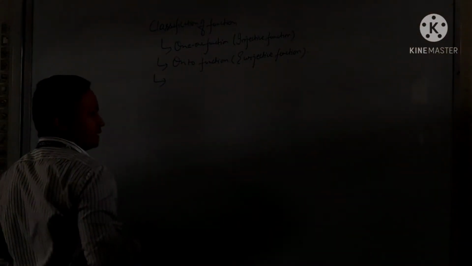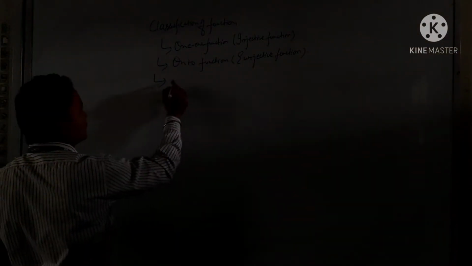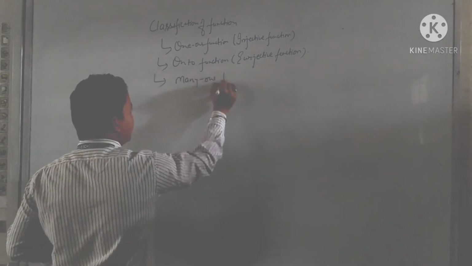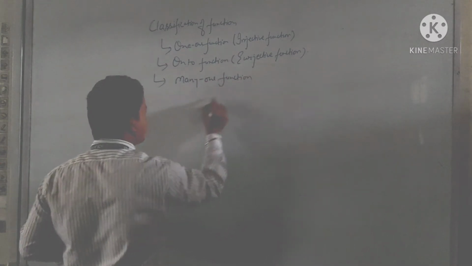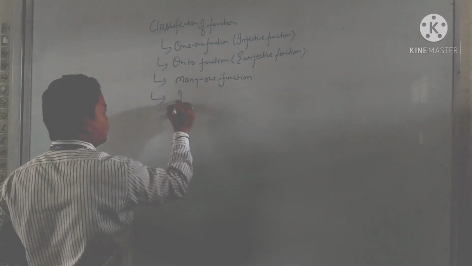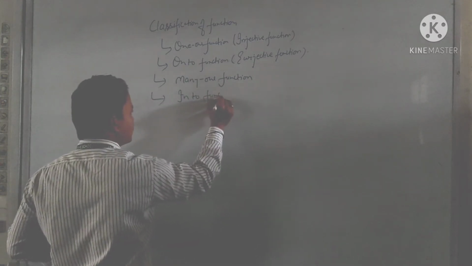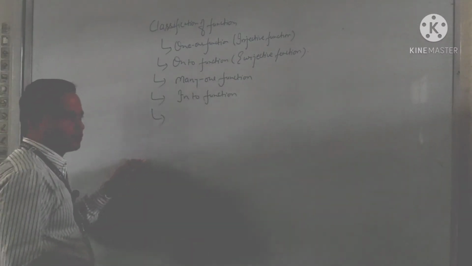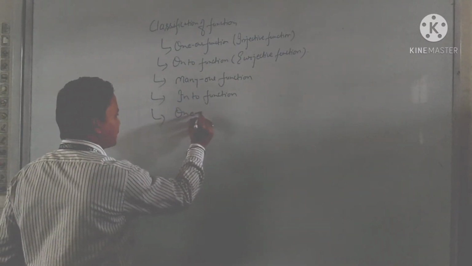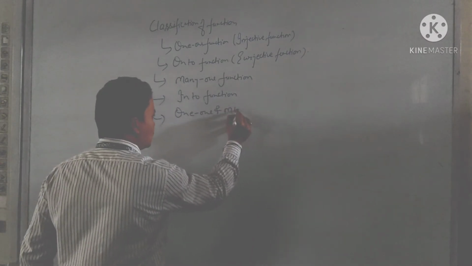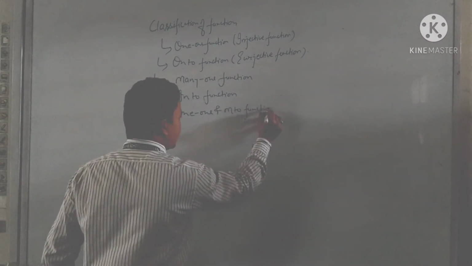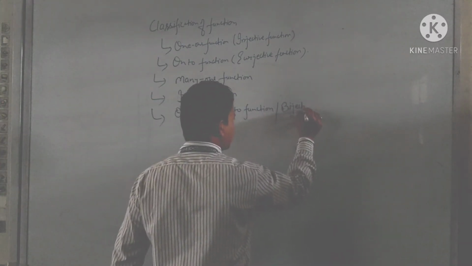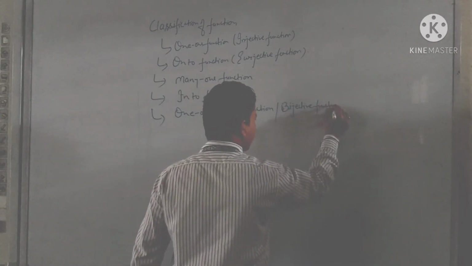Next is many-one function. The next one is into function, and the last but not the least is one-one and onto function, which is also known as bijective function.